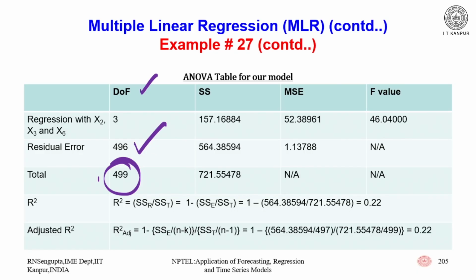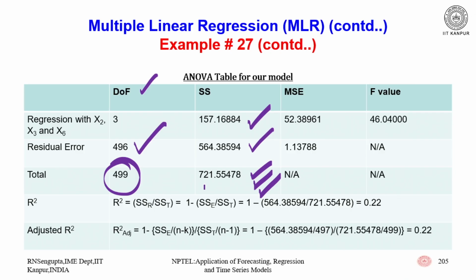So, once we have this, the values of sum of squares are given for the regression part, for the error part which cannot be explained, it is outside, that is given, and when you find out the total SST, that comes out to be the third one where I am putting a triple tick mark. So, again if you see it, I am reading without the decimal, the SSR value is about 157, the SSE value is 564, which is definitely high, and total value comes out to be 721.